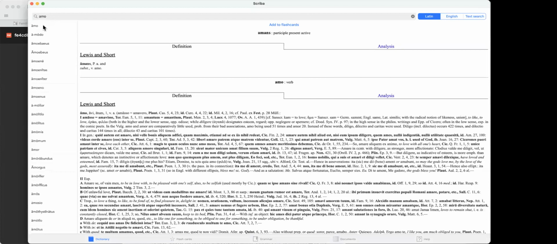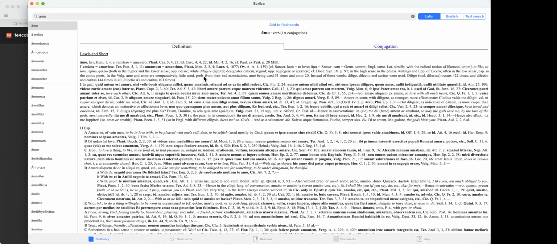Sometimes, to save paper, they leave that out. But normally you would see the first person singular, the infinitive, the perfect tense, and then the perfect passive participle. And with those four, you then know what all the forms of the verb are.